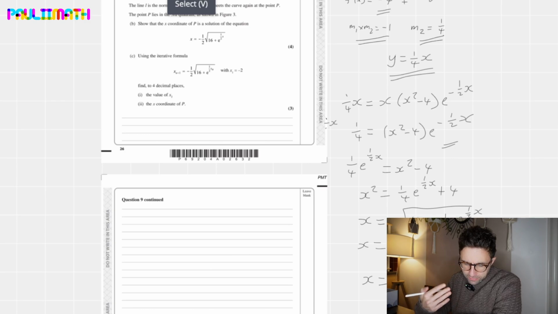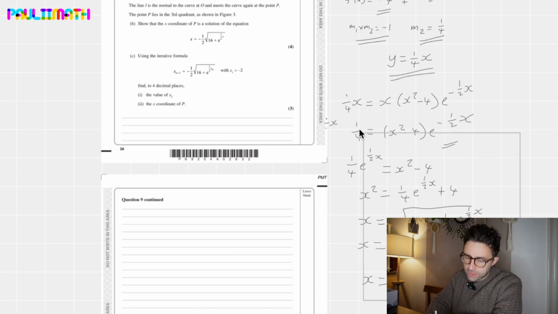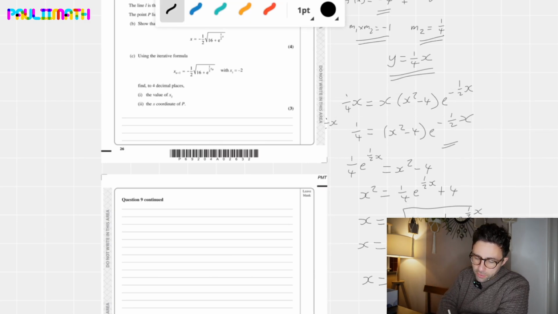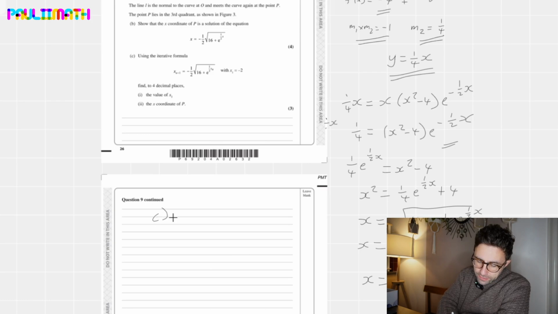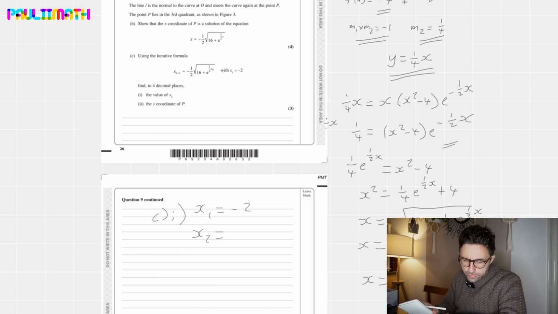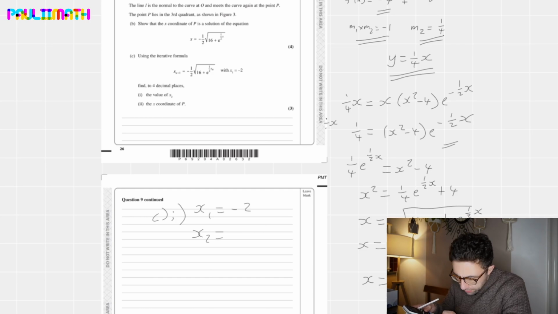Okay, but fine. Now we've got the iterative formula. Find to 4 decimal places x2, and the coordinates of p. Okay, can work with that. x1 equals minus 2, x2 equals, plugging it in, minus a half times square root of 16 plus e to the power of a half times answer.